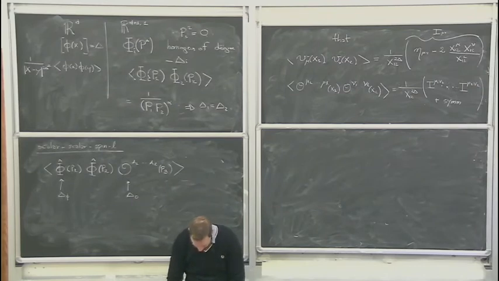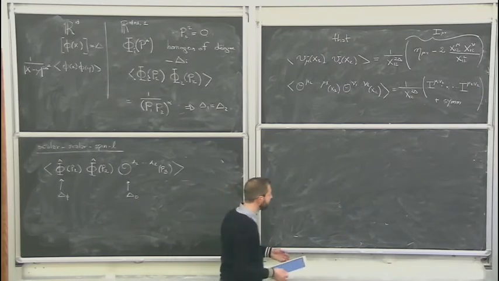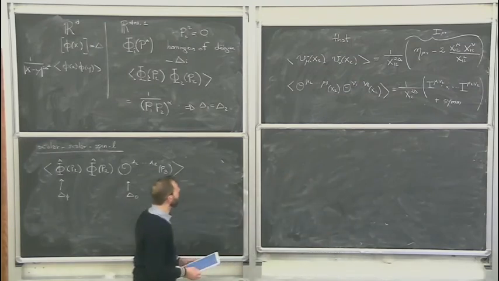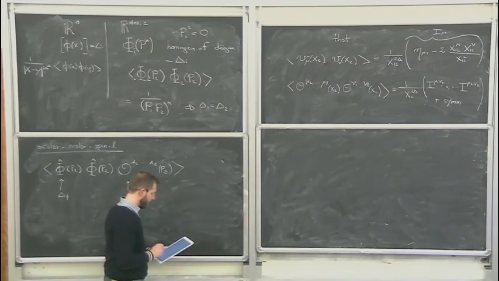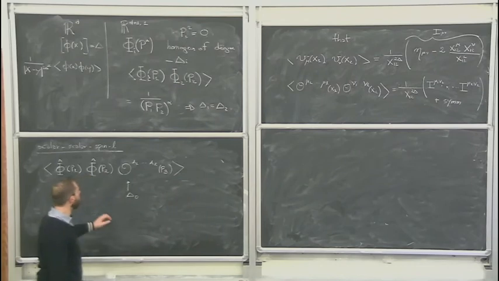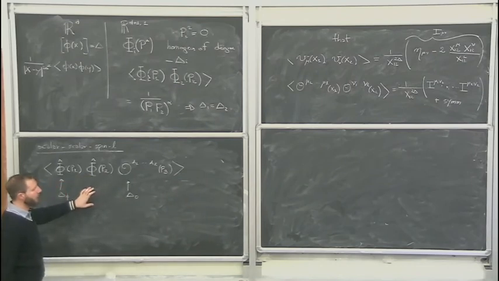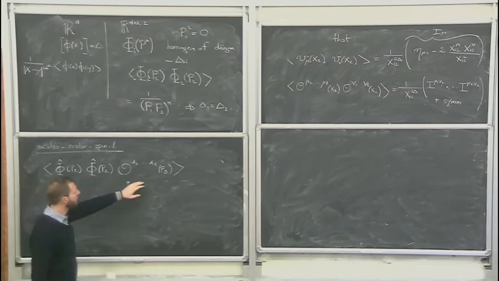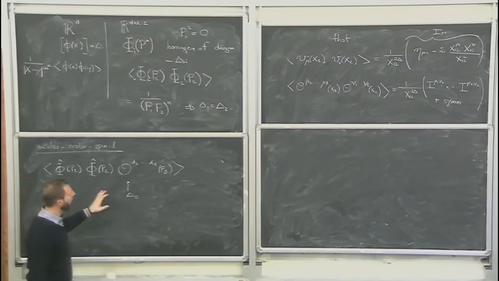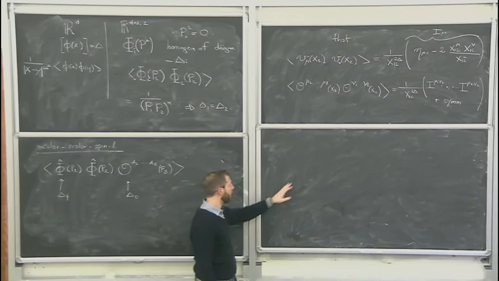Answering this question is slightly more complicated because you have 3 points, so the number of invariants that you can make starts to proliferate.